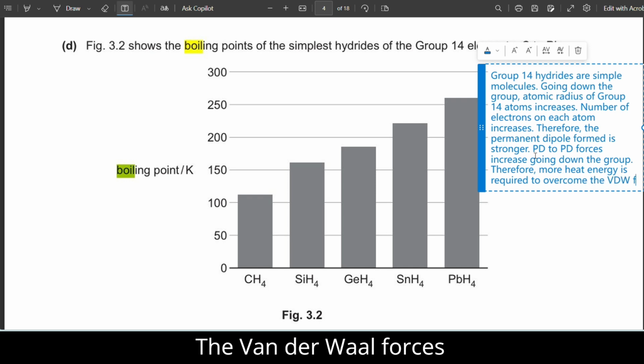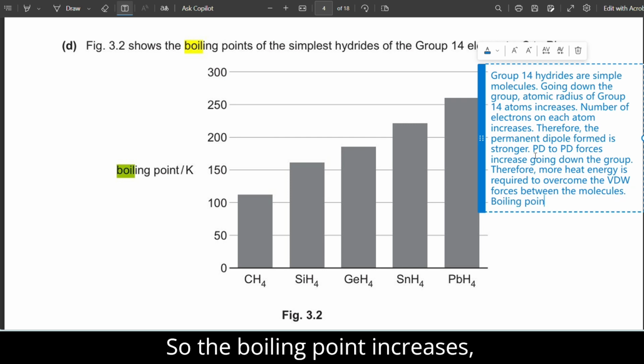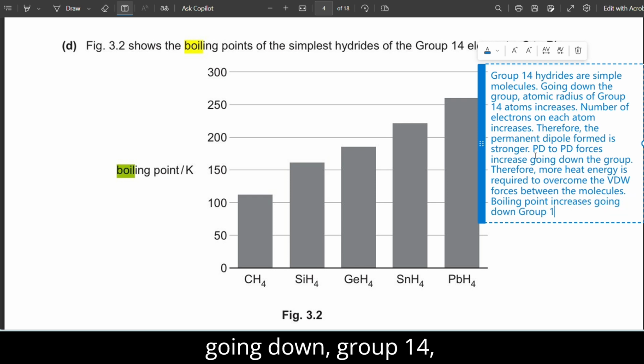The van der Waals forces between the molecules. So the boiling point increases going down group 14. Done.